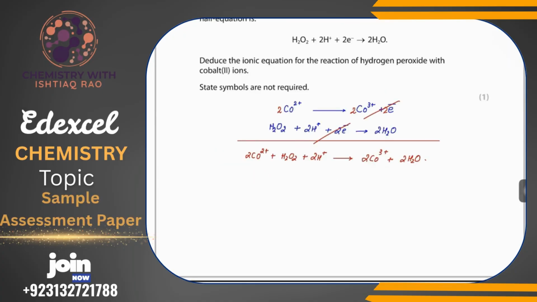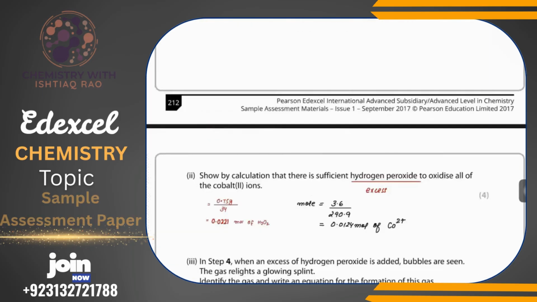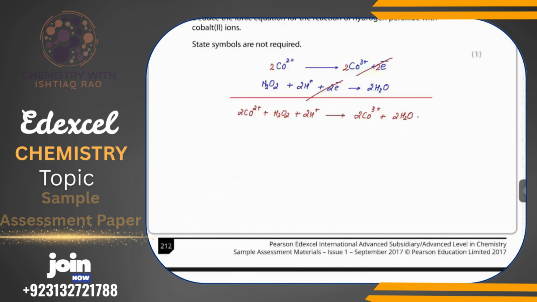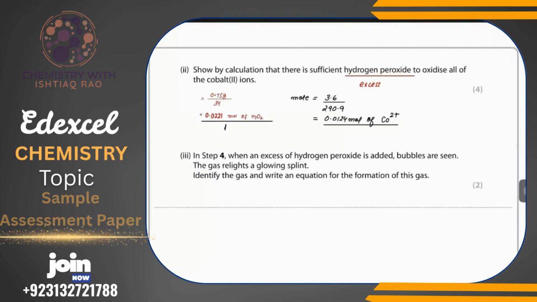Or I can say you are supposed to divide it by the coefficient of H2O2, that is 1, and you are supposed to divide it by the coefficient of cobalt 2 plus, that is 2. After dividing, if you get the smaller number, it is the limiting reactant, and if you get the larger number, it is the excess reactant.